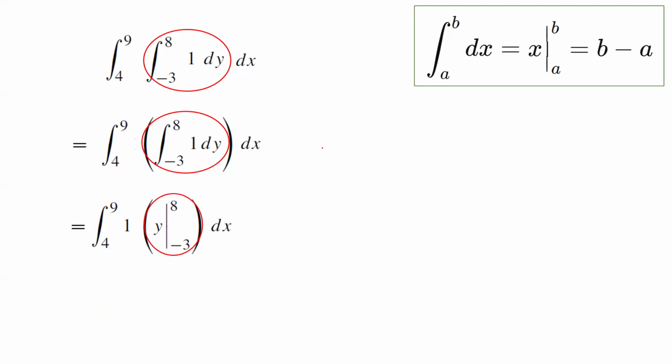Then you take the outer integral with respect to x. Y bounded between -3 to 8 is 8 minus -3, which is 11. Then you take the outer integral with respect to x, which is 11x, x bounded between 4 to 9. So you have 99 minus 44, which is 55.